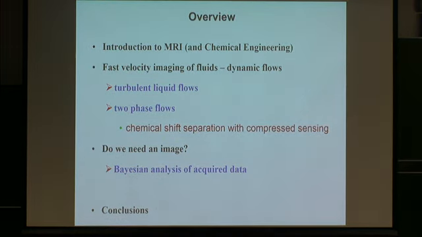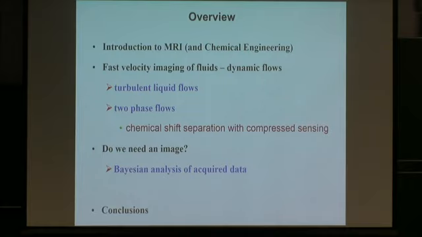So an outline of the talk, I'm going to start off by saying a few words about chemical engineering and what that is and why we might want to use MRI in chemical engineering, and have a brief introduction to the basic ideas behind magnetic resonance imaging. And then I'm going to look at ways in which we've been speeding up velocity imaging in particular with different MRI techniques, so that we can look at dynamic flows.